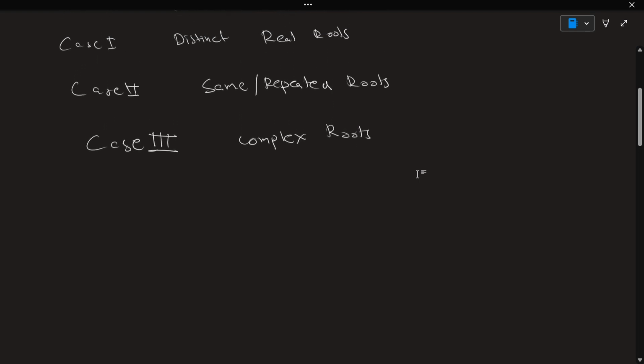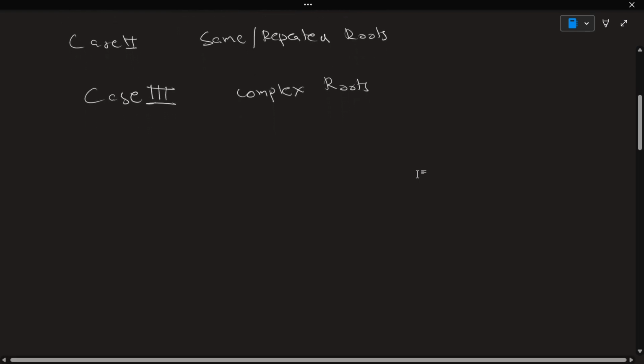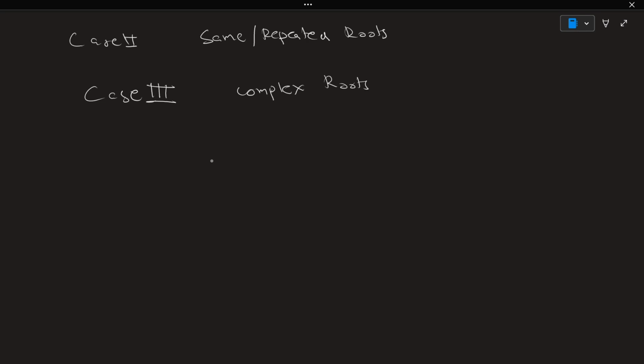So first off, we will cover case 1. So let's consider a differential equation of the form y double prime minus 5 y prime plus 6y is equal to 0. As I told you earlier, we will always assume our solution as y is equal to e raised to power mx.